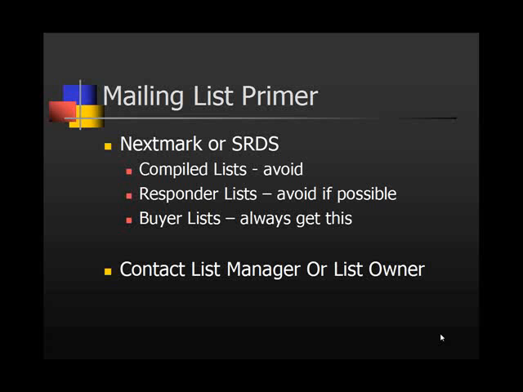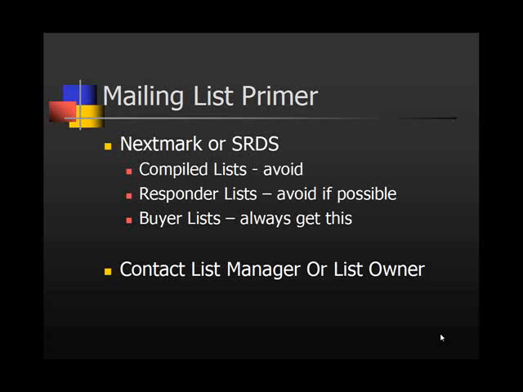And basically, a compiled list is nothing but an aggregation of data by companies such as Info USA and a whole bunch of others. And all they're doing is just gathering data from multiple sources and then slicing and dicing to come up with different types of lists. So basically, a list of people who own a Toyota, or a list of people who bought a TV in the last month, and so on and so forth.